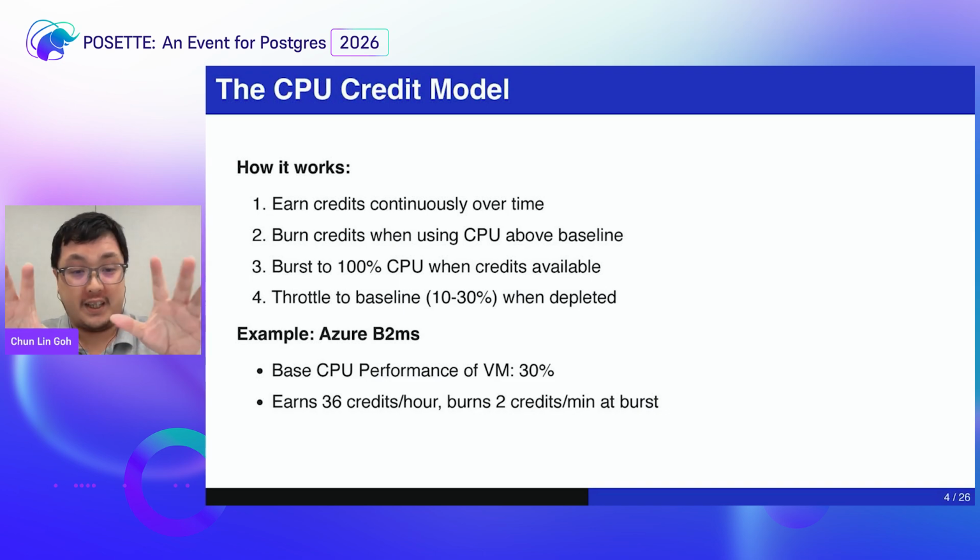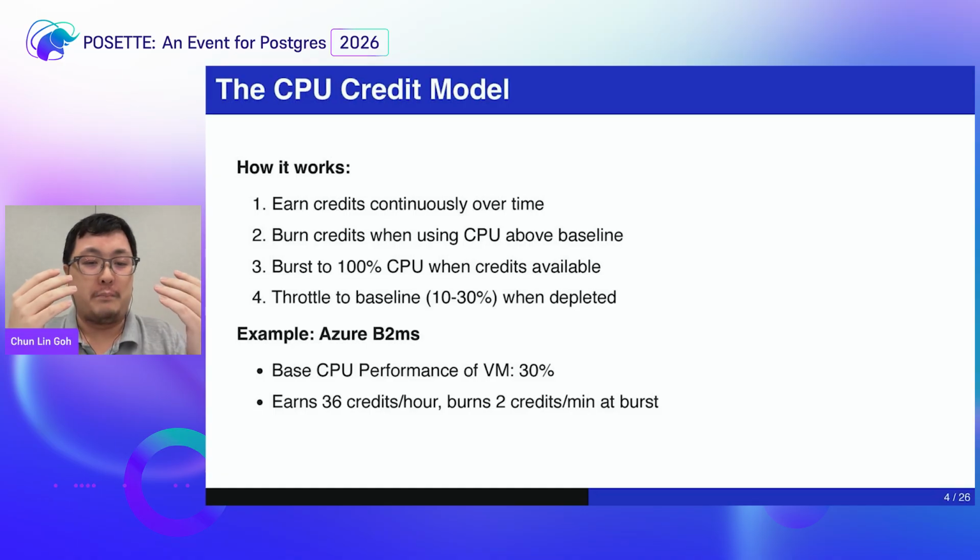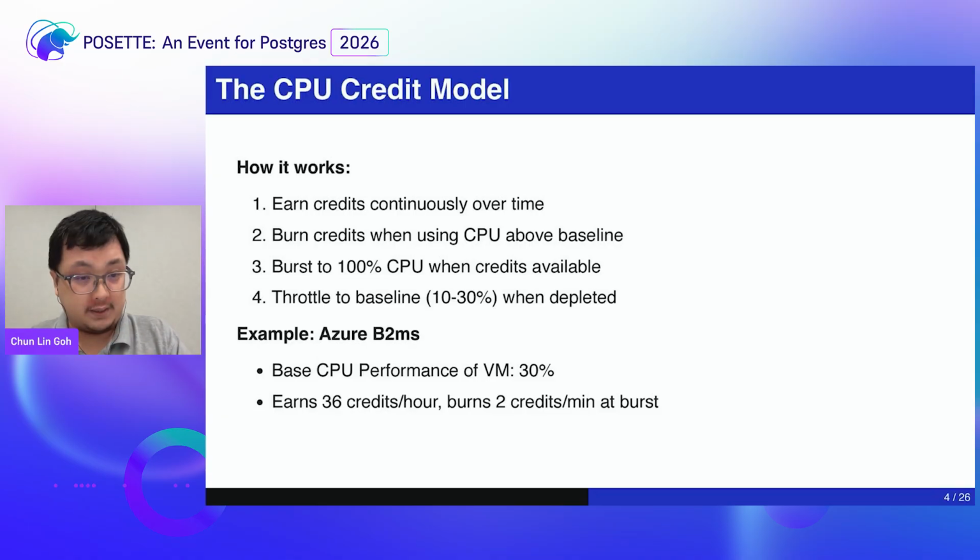For example, on Azure B2MS, your base CPU performance is 30%, and you earn 36 credits per hour and burn 2 credits per minute at burst. These values are very important later when we use discrete event simulation to model our infrastructure.